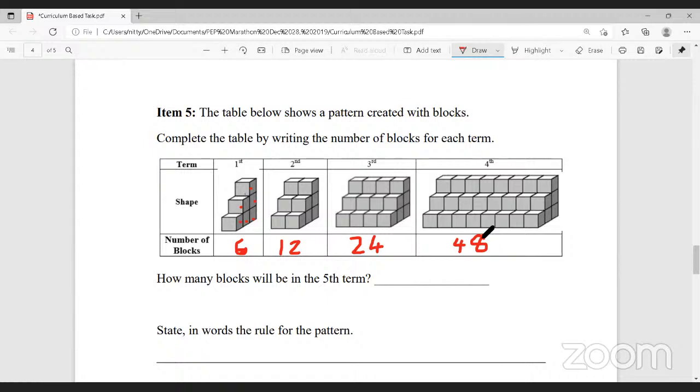Fifth term, and one person says fifth term equals, or term 5 equals. 9 official says term 5 is 48. Think about that a little. Devani says fifth term is 96.